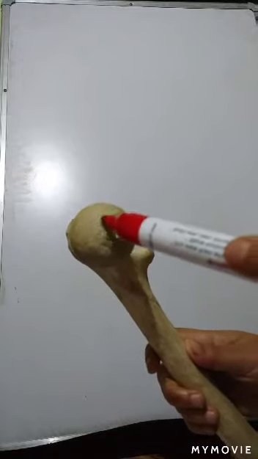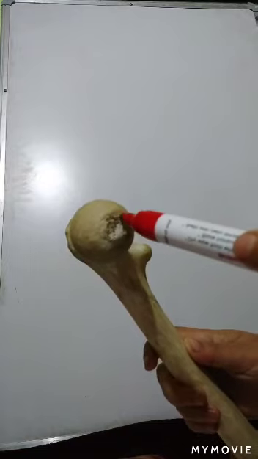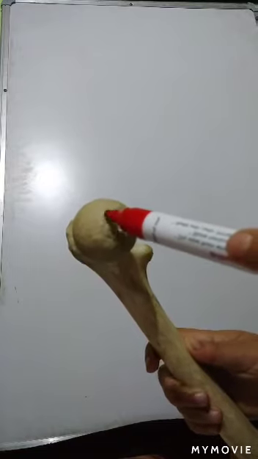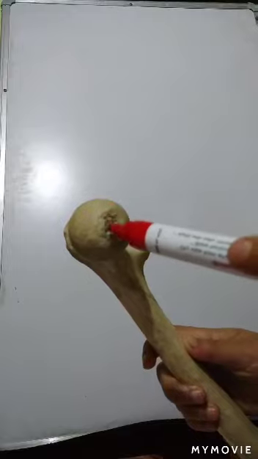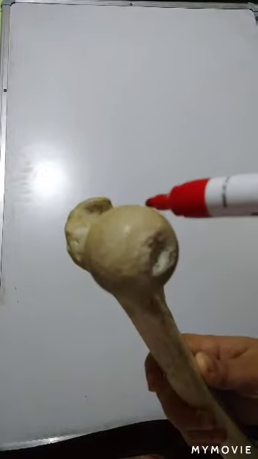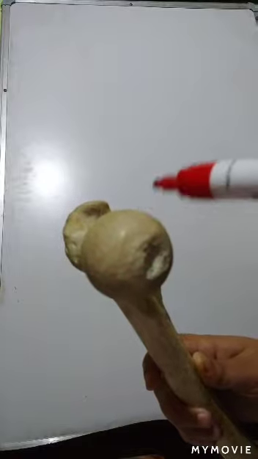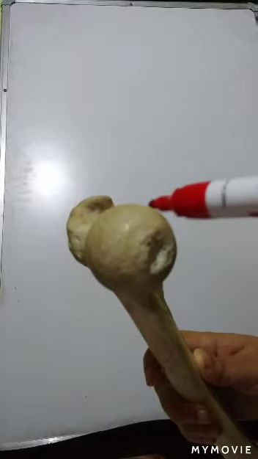This gives attachment to the ligamentum teres, and this roughened pit is called the fovea capitis. The rest of the head articulates with the acetabulum of the hip bone to form the hip joint, a ball and socket type of joint.